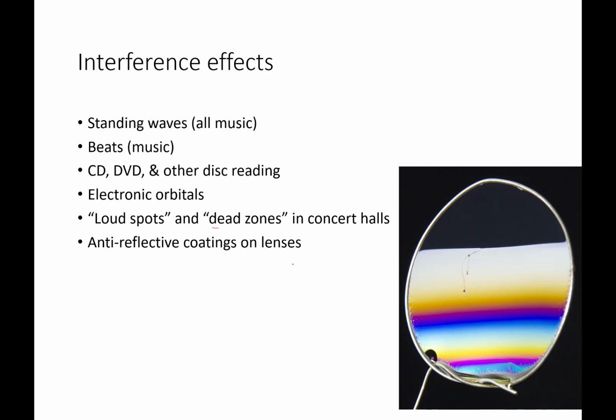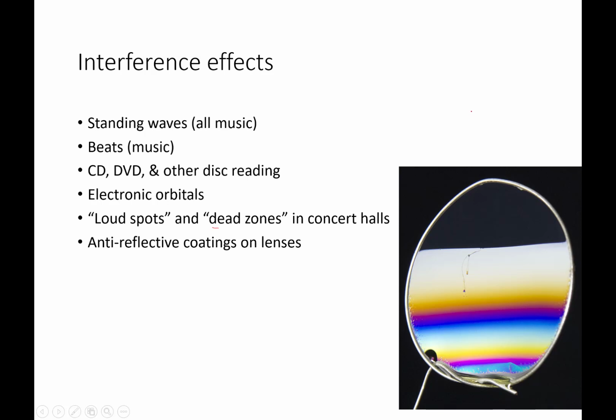Anti-reflective coatings on lenses cancel out reflected waves so that you don't get reflection. And here's just a soap bubble. We get this rainbow of colors because higher up on the soap bubble it's thinner, and so we'll get some wavelengths that cancel out in some places and some wavelengths that don't cancel out. And so we get these different colors. For light, the wavelength is the color.